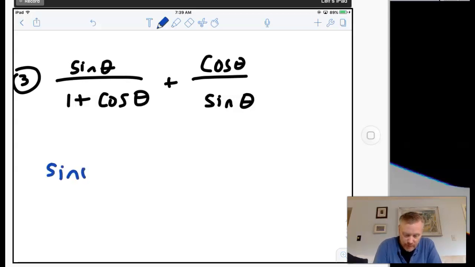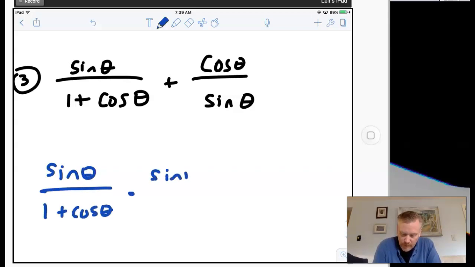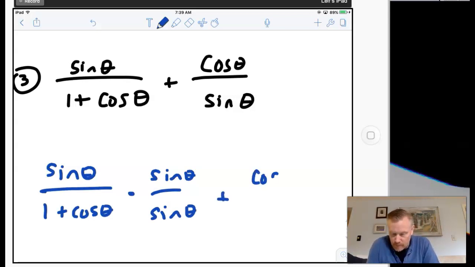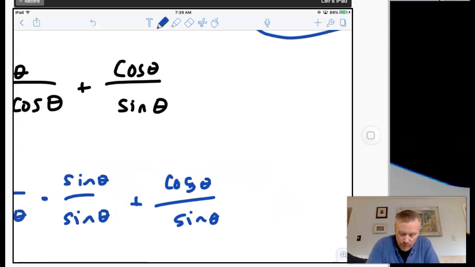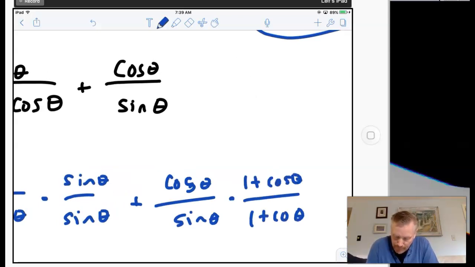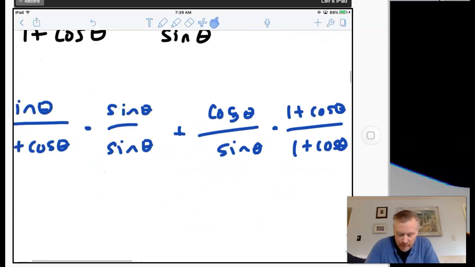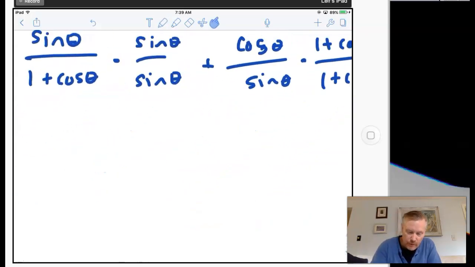So I got sine of theta, 1 plus cosine of theta by the other denominator. Cosine of theta over sine of theta. This one I'm going to multiply by 1 plus cosine of theta. And go down that road, and hopefully we can get some stuff to simplify.